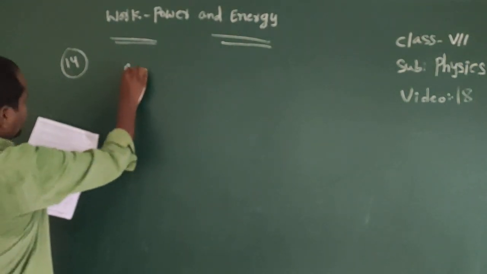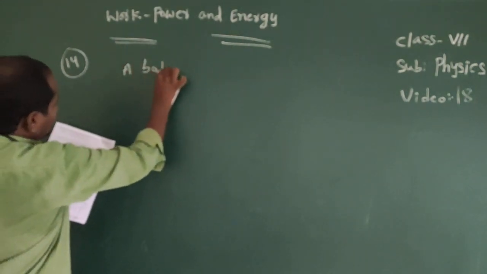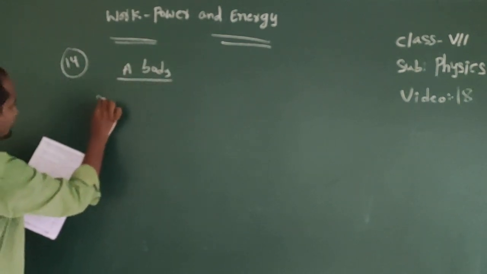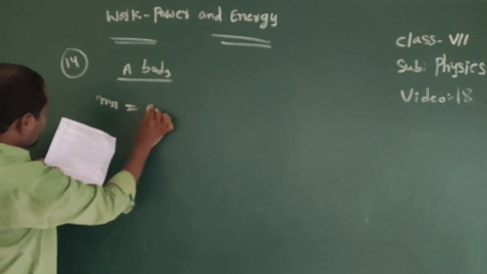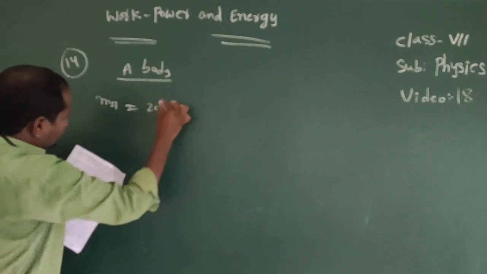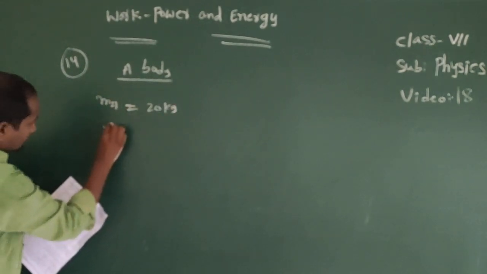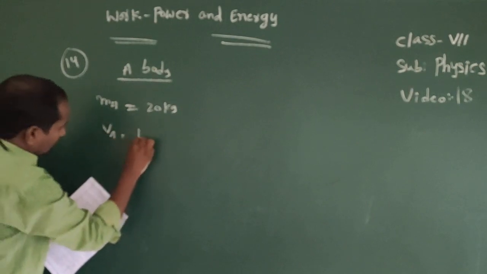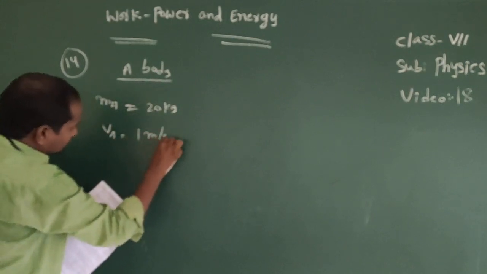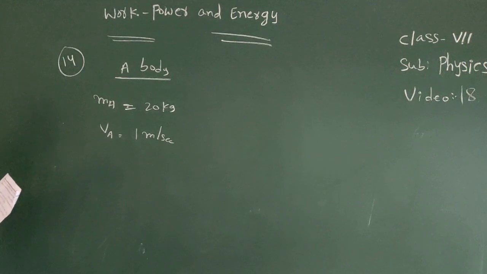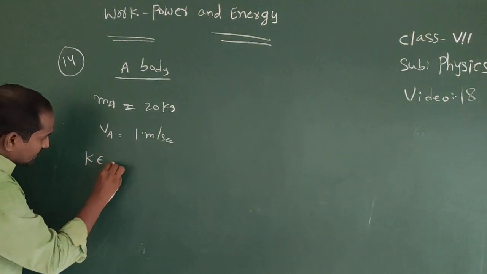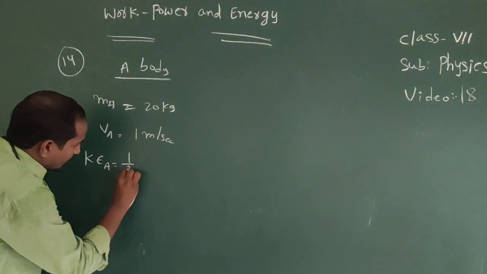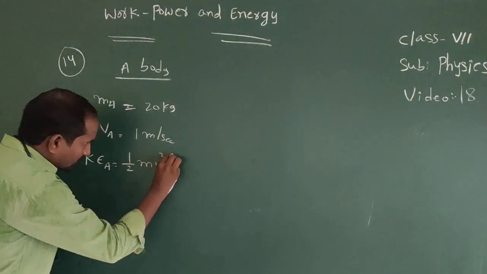First, A body of mass MA equal to 20 kg is moving with a velocity VA equal to 1 meter per second. Now, kinetic energy of first body equal to half into m into v square.